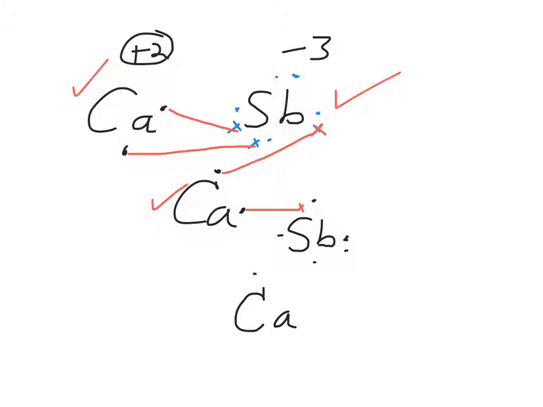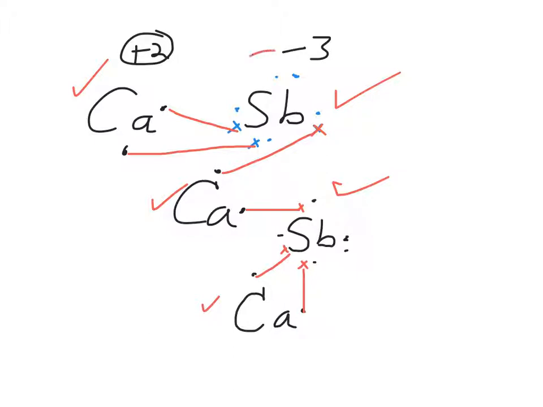And I have 2 dots again for calcium. So now, this dot's going to transfer into this empty space, and this dot, okay, Meha, go ahead, is going to go into this empty space. So is antimony happy? Yes. Is calcium happy? Yes. So now I've given away all of the electrons that are floating around, and all of the empty spaces have been taken up, they have the 8.